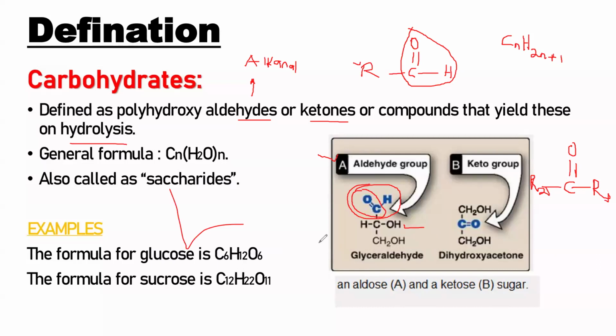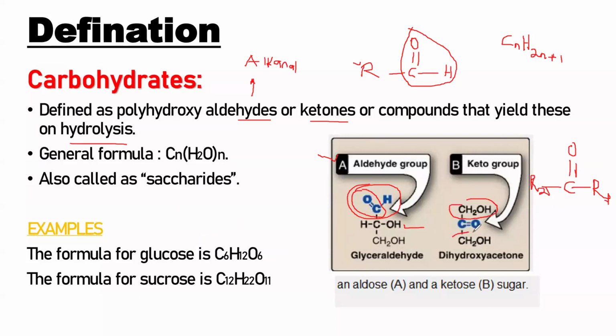So now, in the case of a ketone, we have the carbonyl carbon, and the R groups, R1 and R2. So it means that there is no free hydrogen in the case of the ketone functional group. Look at it, this is the carbonyl carbon, that is carbon to oxygen double bond, and these are the groups that are attached to the carbonyl carbon.